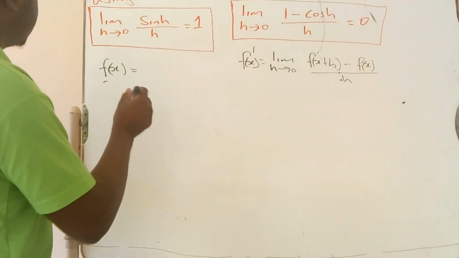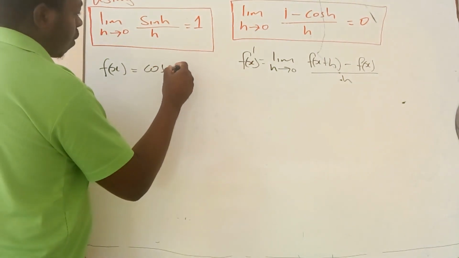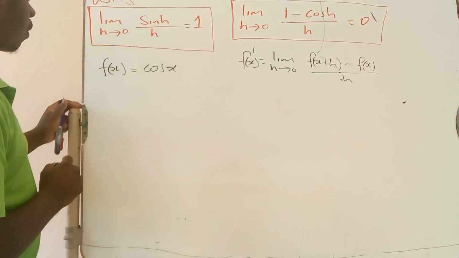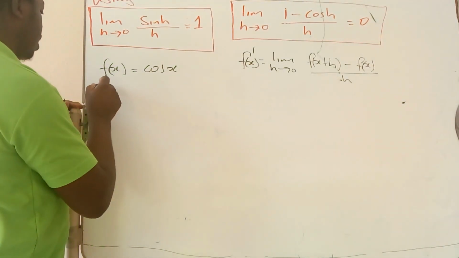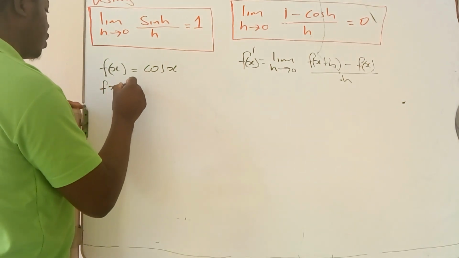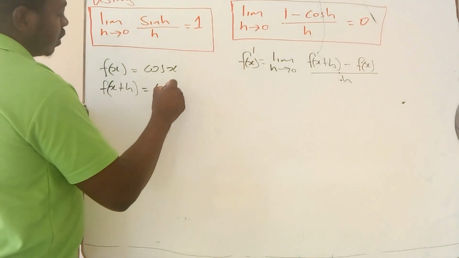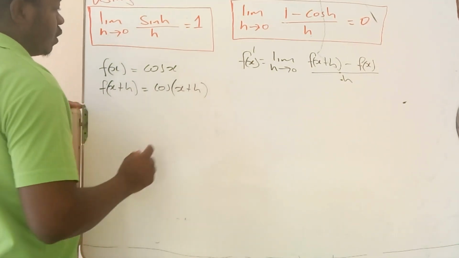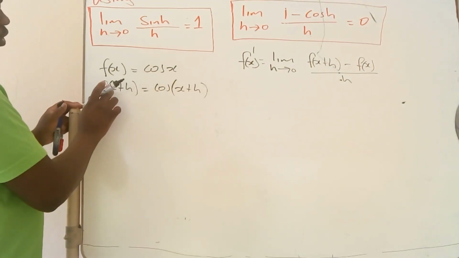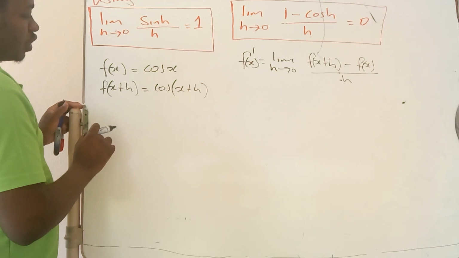Say you have a function which says f of x is equal to cos x, right? What do we need? We need f of x plus h, which is equal to cos of x plus h, right? Anywhere you see x, replace it with x plus h. Can we expand this? Of course.